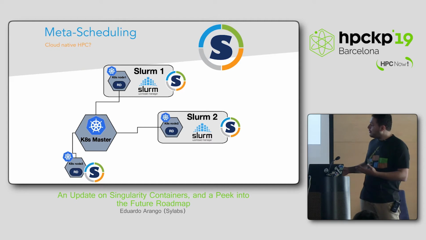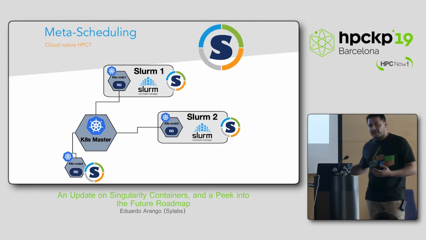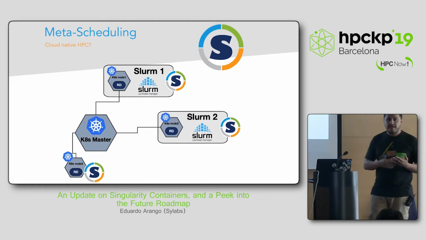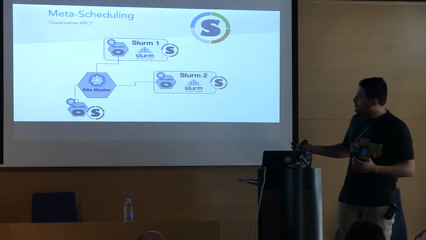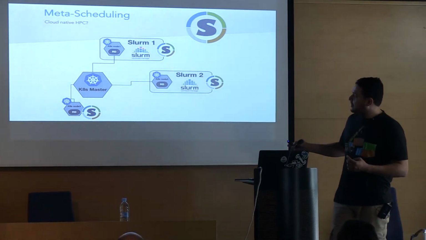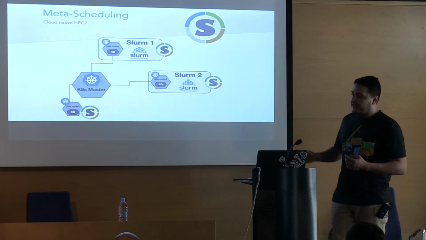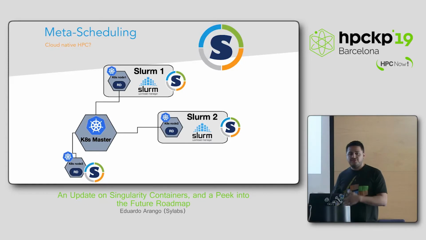The way we are proposing is that developers will interact with Kubernetes, and underneath, Kubernetes is going to orchestrate to different clusters. You can have clusters in specific sites with different schedulers, and Kubernetes is going to be able to ship your workloads into the schedulers.